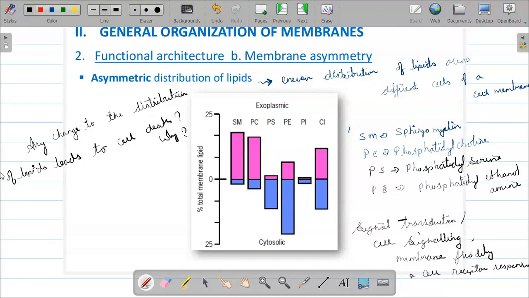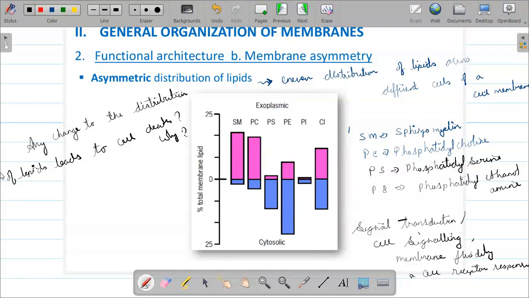Come on, try to answer. Why? Because the composition is changing, sir. The plasma membrane is made up of 54% proteins and the rest are lipids. The lipid component in your plasma membrane should not change for that particular cell organelle. Why should it not change? What will occur?